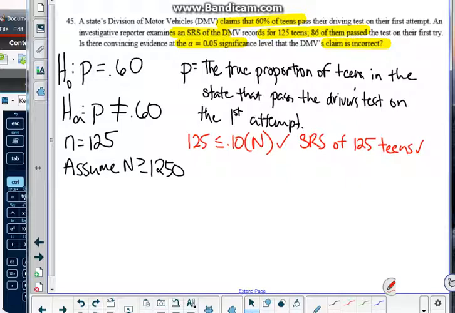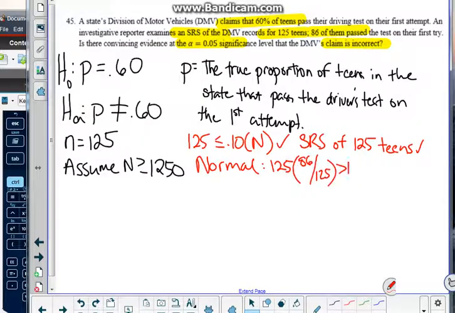Now we need to find out what is our P naught times N for the normal condition, the LCC condition. So we have N, 125, times 86 out of 125.